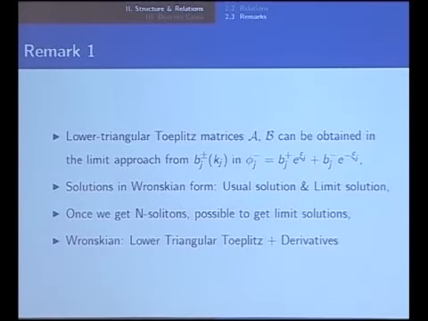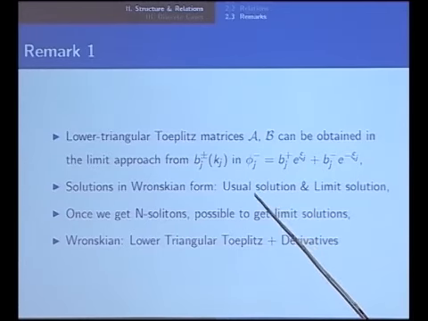The conclusion is we can make use of lower triangular Toeplitz matrix to get some simple expression for Jordan block solutions. And for solutions in Wronski form, we only need to consider two kinds of form, diagonal or Jordan block. And they are related by some limit procedures.